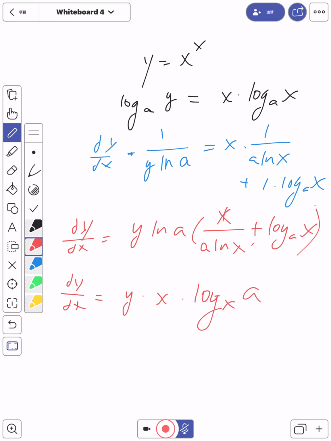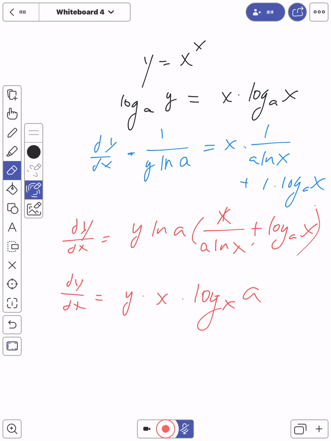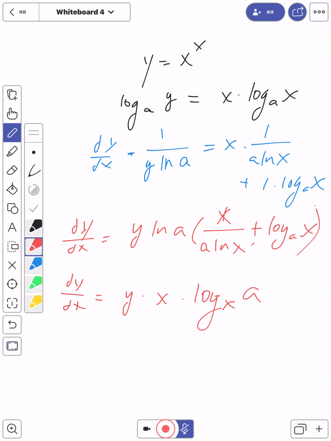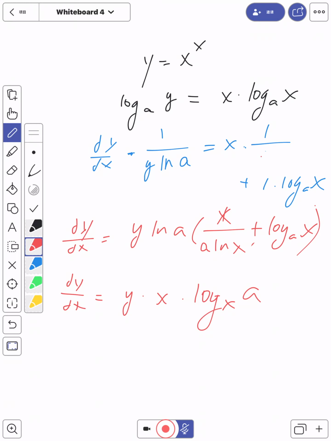I think I made a mistake over here. It should be x ln a, so you can just cancel these out.